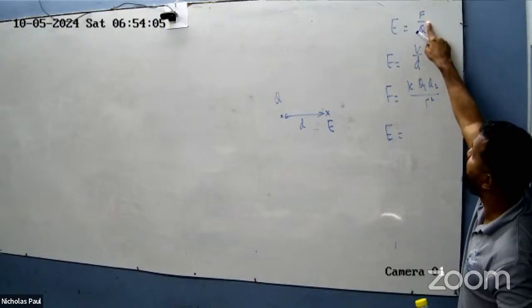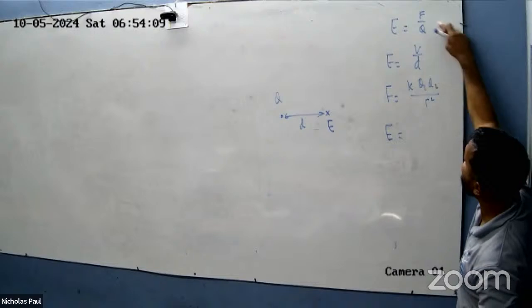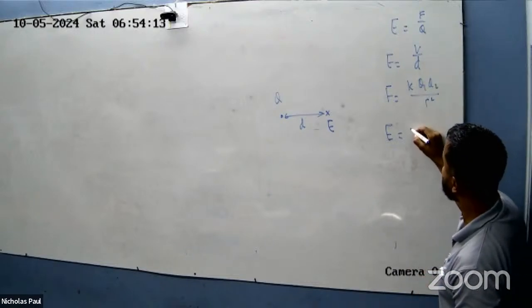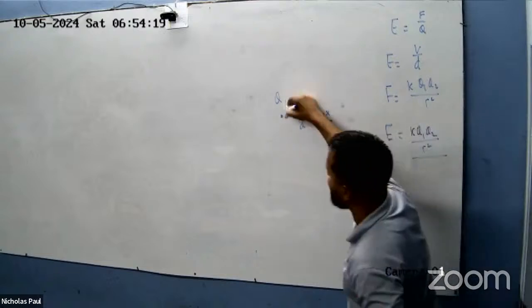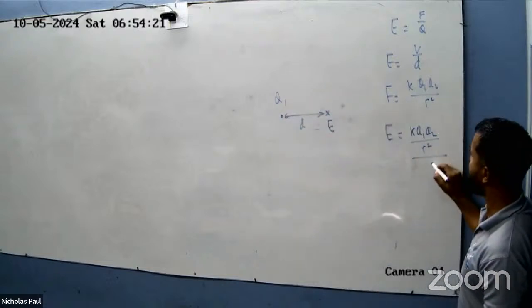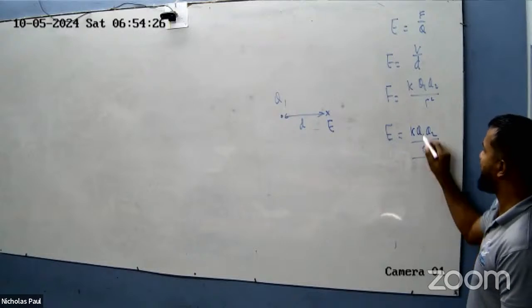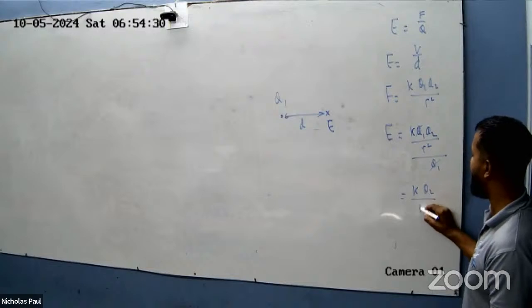So for F, all we have to do is take F and place it in here. And then what will happen? You will get K Q1 Q2 all over R squared. I want to find the electric field strength at Q1. So what will happen? Cancel. So you'll end up with K Q2 all over R squared.